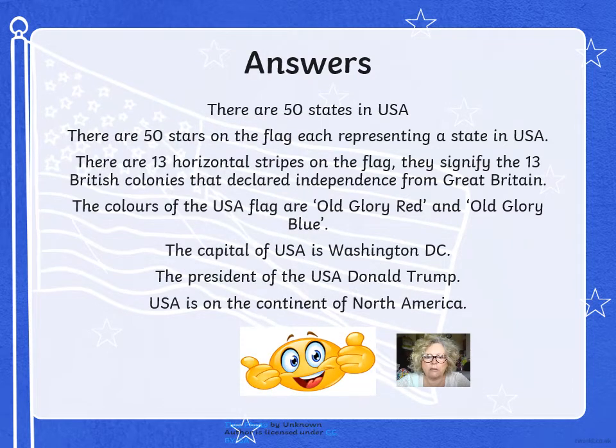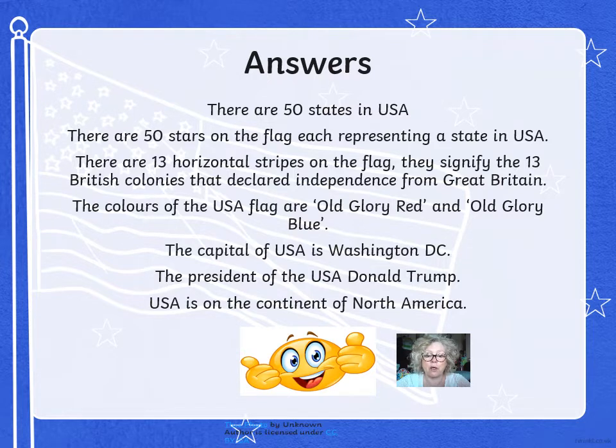Let's check our answers. Number 1, 50 states in the USA. Number 2, there are 50 stars on the flag, each representing a state in the USA. Number 3, there are 13 horizontal stripes on the flag. They signify the 13 British colonies that declared independence from Great Britain.